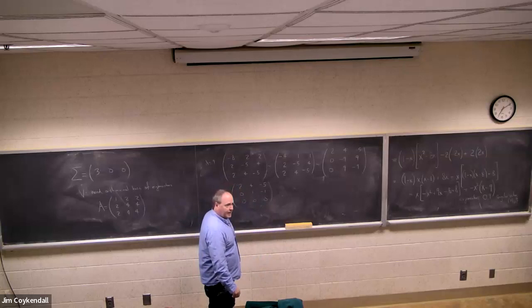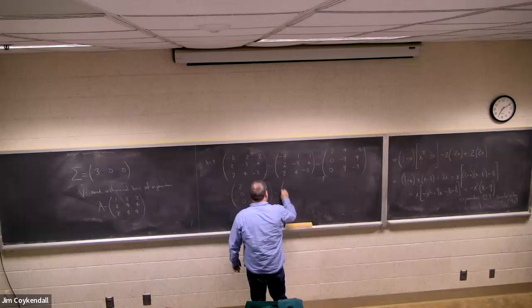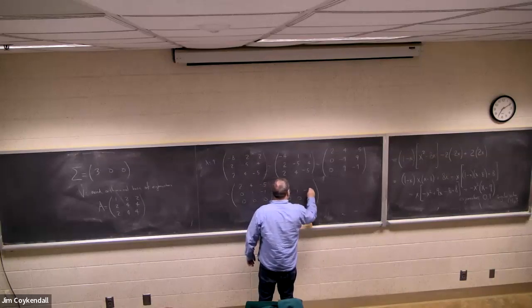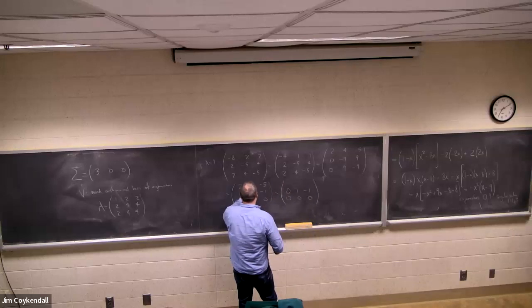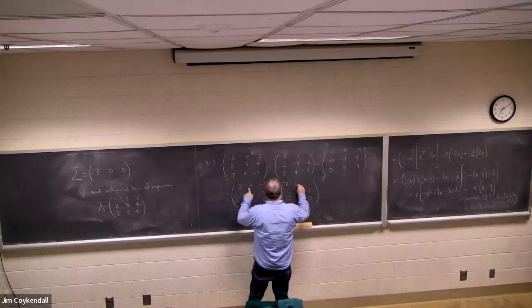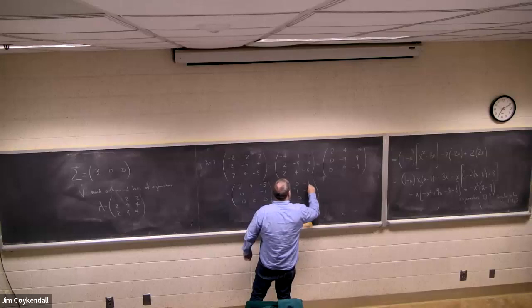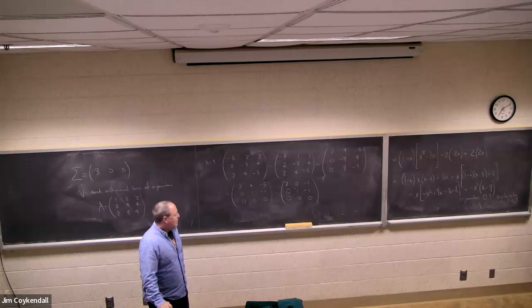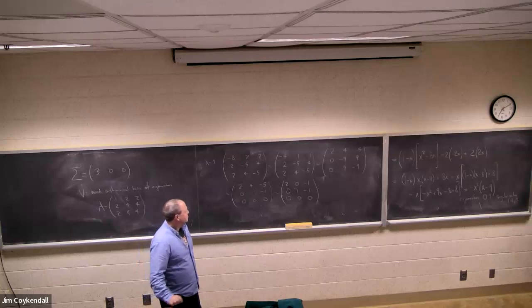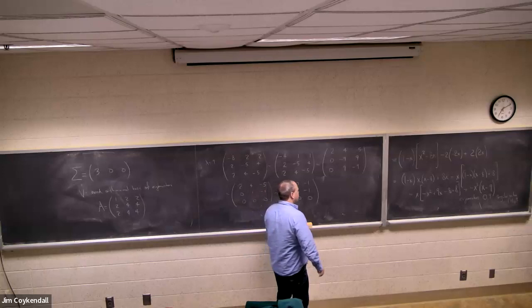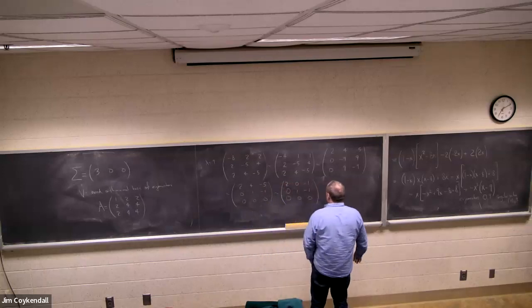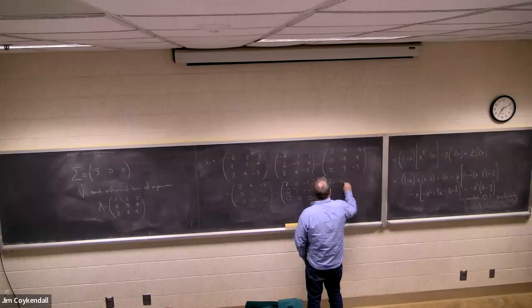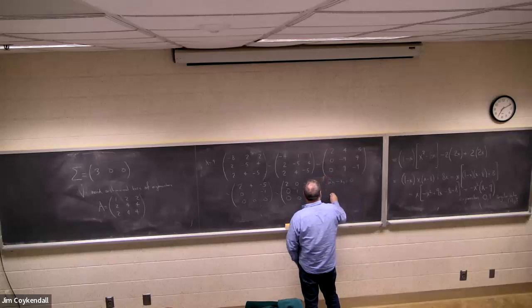All right. And finally, times minus 4 and add. And so what do I get here? I get the equation 2x1 minus x3 equals 0. X3 is the only free variable.